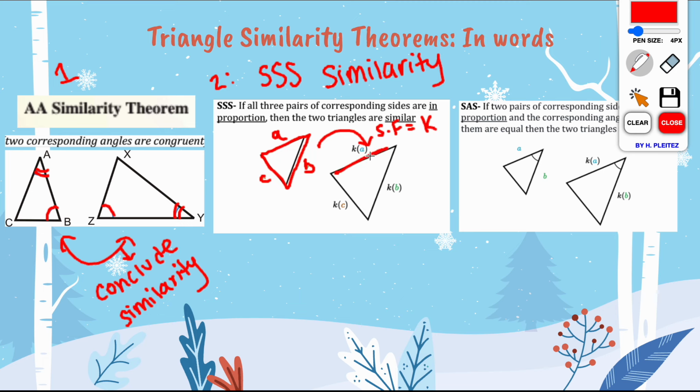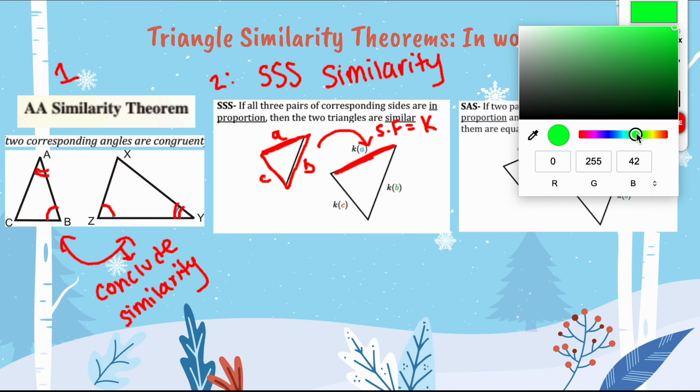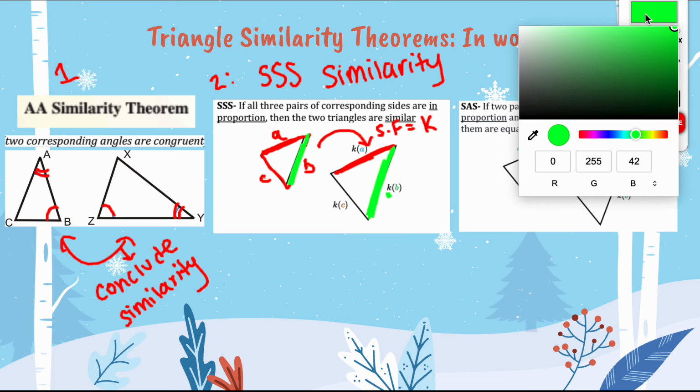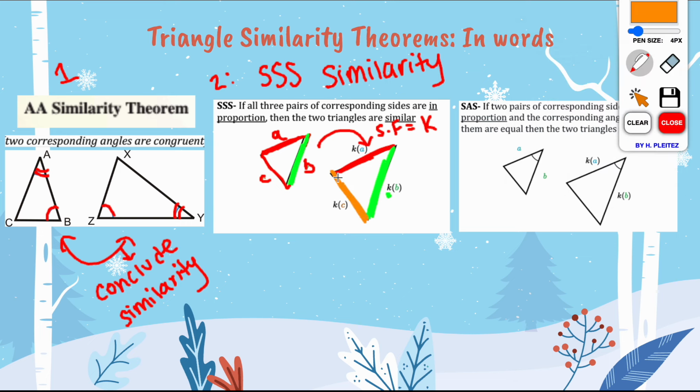That means this side is that scale factor times our original side A. This side here is our scale factor times our side B. And this third side in orange is our scale factor, k, times our side C. So again, side-side-side is not saying that 3 sides are congruent, but it's saying that if all 3 pairs of sides are in proportion to one another, then we can conclude similarity.